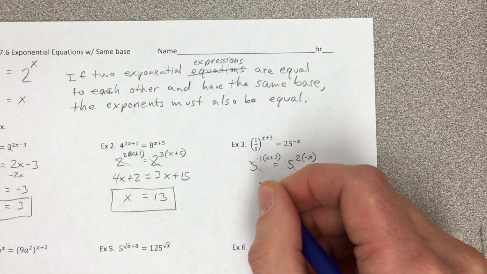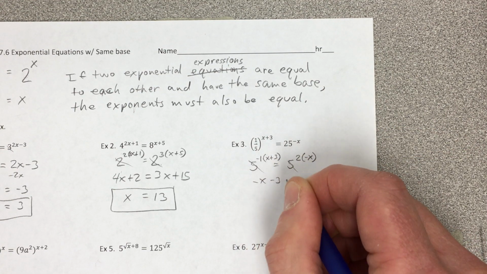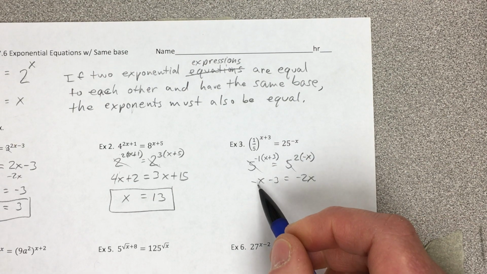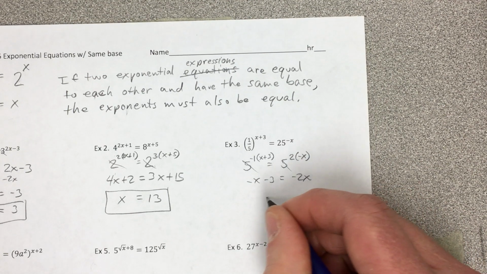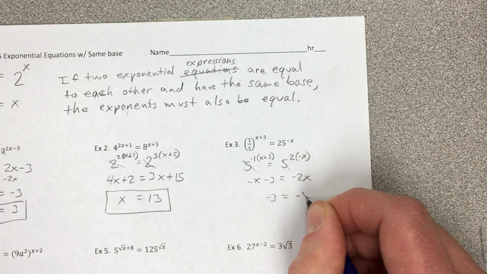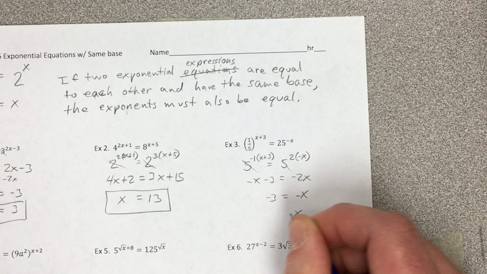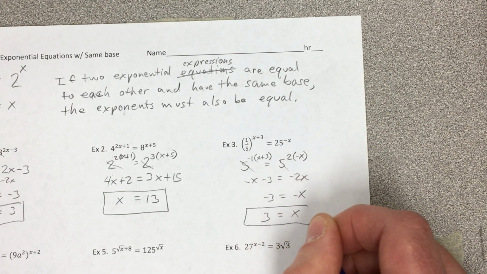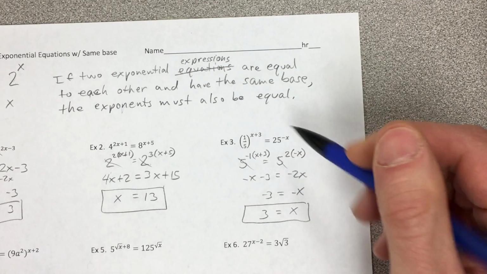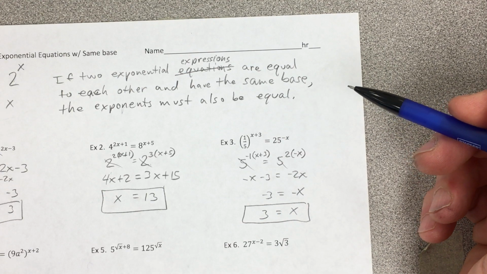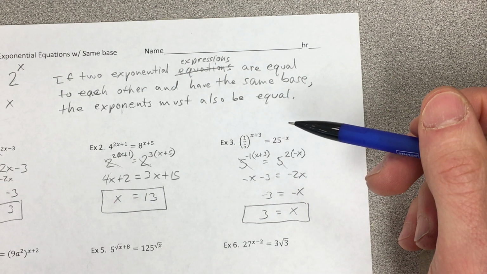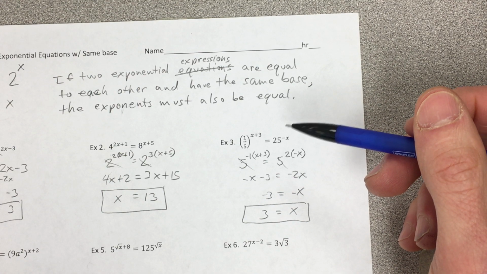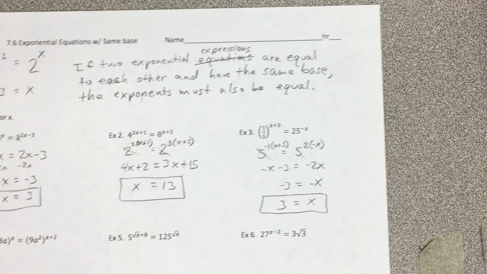Bases are the same. Distribute. We got a linear equation again. Let's see, I'll get -3 is equal to -x, divide by a negative, and I get x is equal to 3. And again, you're welcome to check your answer using a calculator if you'd like, or without a calculator, however you want to do it. Okay, let's keep moving on here.